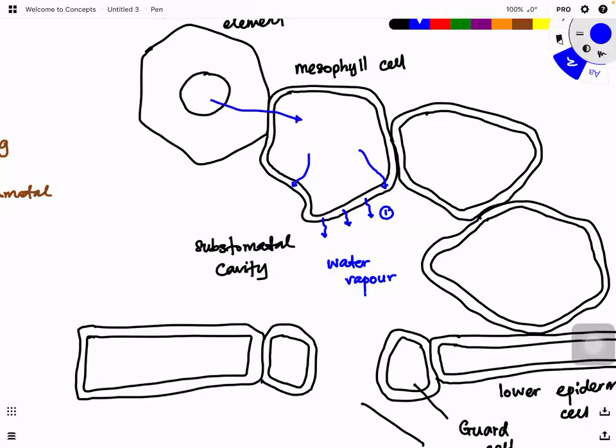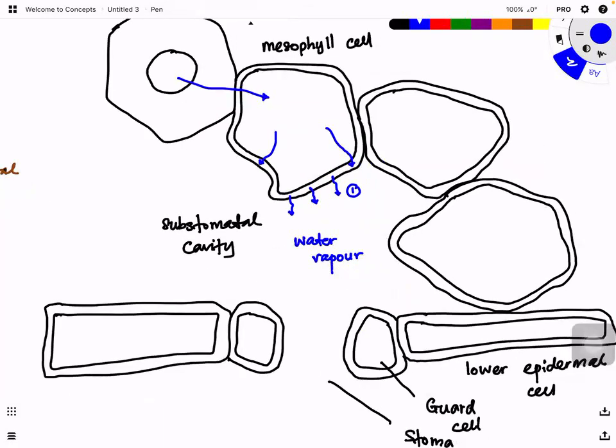Can you see that? So the first important process that takes place here is termed as evaporation. And because of evaporation, now the substomatal cavity has high water potential. Are you clear? Because saturated, high water potential.